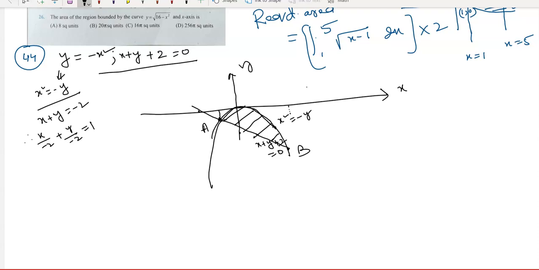Then only we can write the expression for area, no? x square equal to minus y and x plus y plus 2 equal to 0 will be solved. So we put y equal to minus x square there.